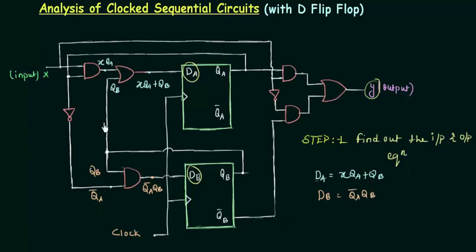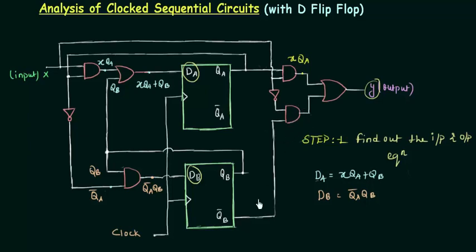Now we will move to the output equation, the expression for y. For that we have to find out the output of this OR gate, and the inputs to this OR gate are the outputs of these two AND gates. So the first thing that I will do is to find out the output of these two AND gates. For this AND gate, the first input is QA directly, and the second input is X. X is coming like this and it is given to this gate, so XQA.